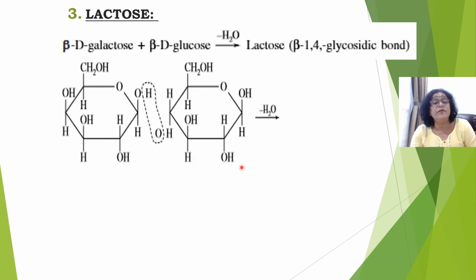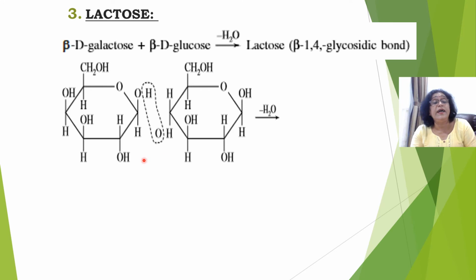And what is the difference between glucose and galactose? In beta D galactose, of course, on the anomeric carbon, OH is on the top, H is below. That is why it is beta. But in the molecule of galactose, on the fourth carbon, OH is on the top, H is below. While here in glucose, H was on the top, OH was below on the fourth carbon.